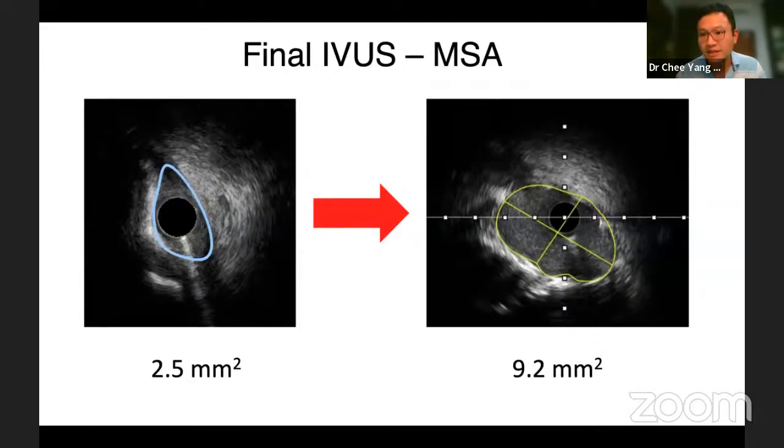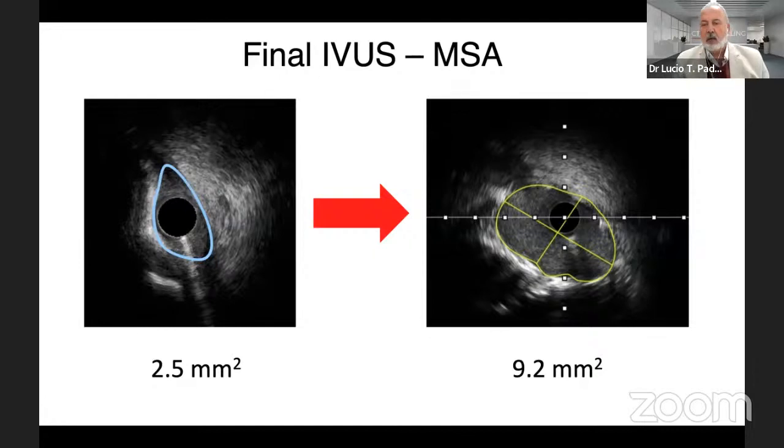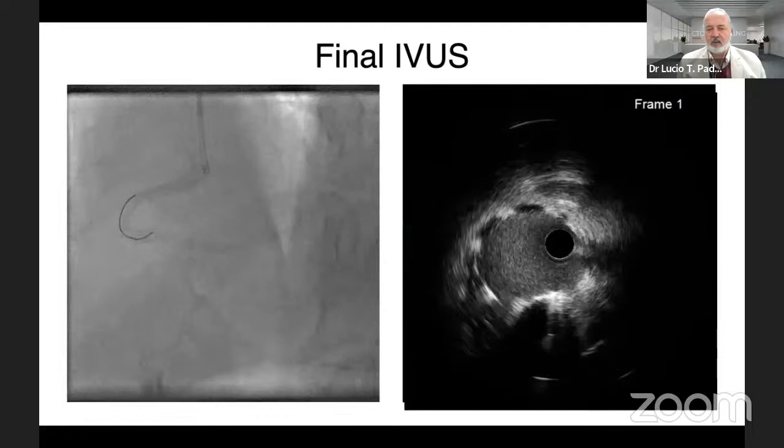So I see Dr. Lucio has his hand raised. So maybe we'll just invite one comment or one question here before we move on. So Dr. Lucio. Yes, Vincenzo and all the guys. I think that what you have done is a simple modification in an ostial right coronary dominant lesion, with plaque modification with IVL, and you show in the IVUS after IVL some cracks in the ostial calcified eccentric plaque.